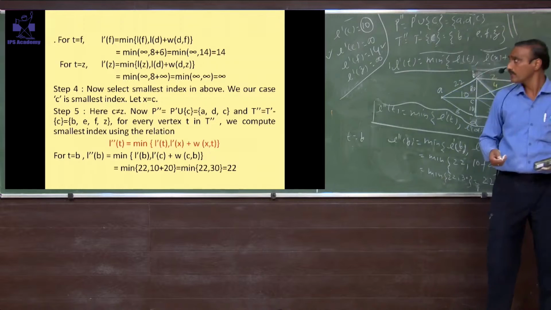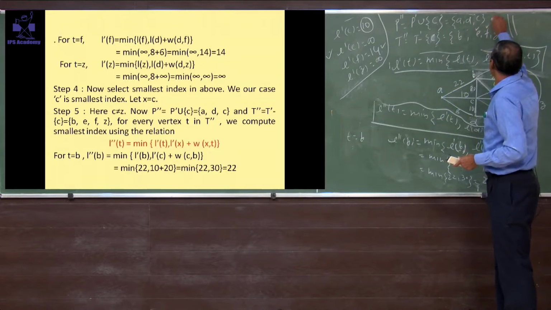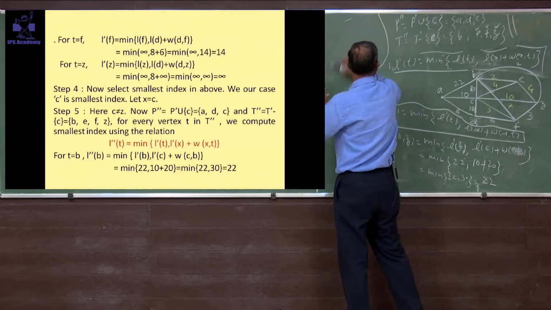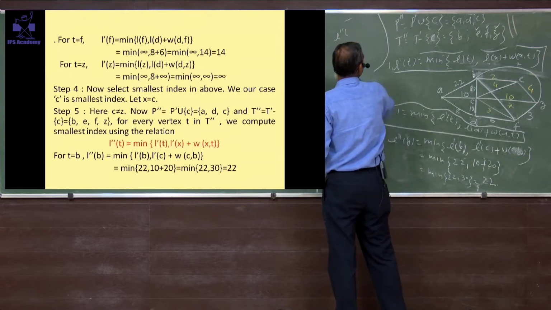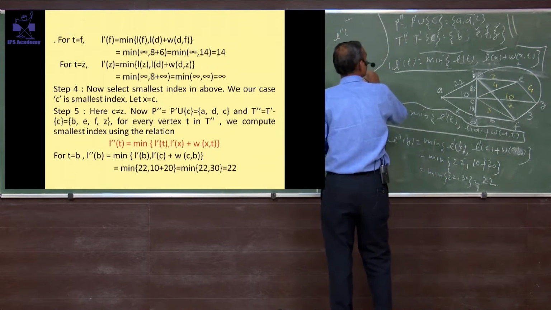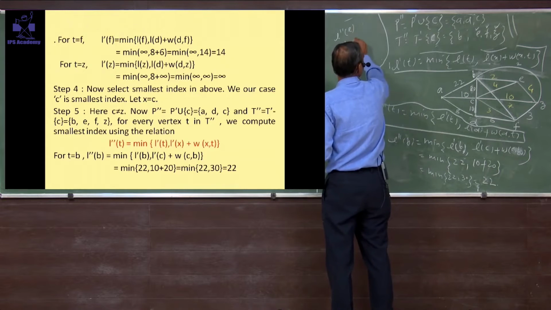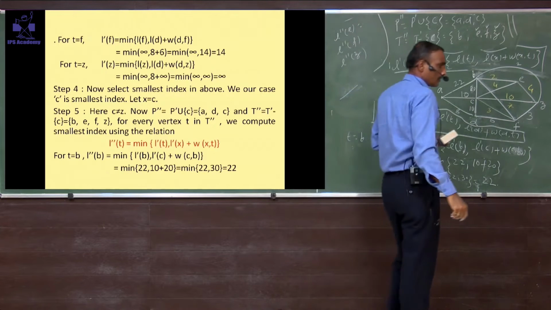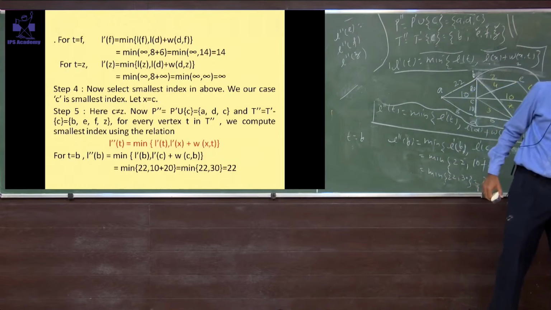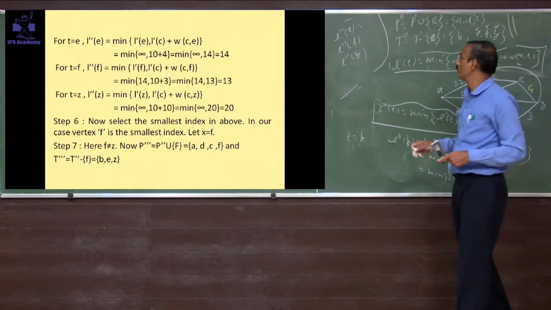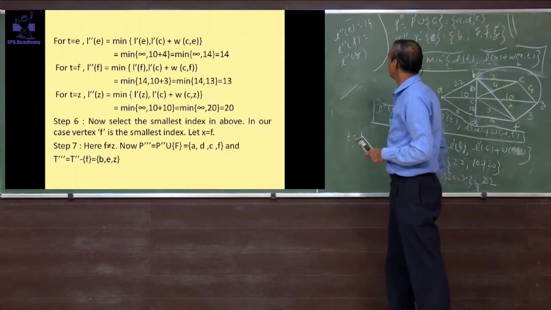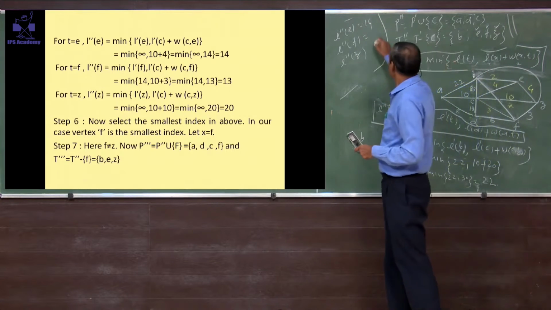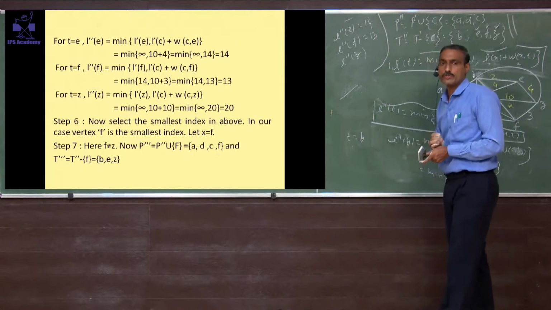Okay. Similarly, find the index for E, index for F, index for Z using the same relation. Here will be L double dash E, L double dash F and L double dash Z. Using the same relation, we have L double dash E equals to 14 and L double dash F equals to 13 and L double dash Z equals to 20.